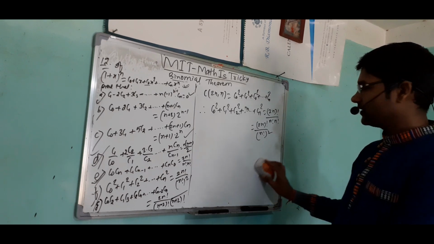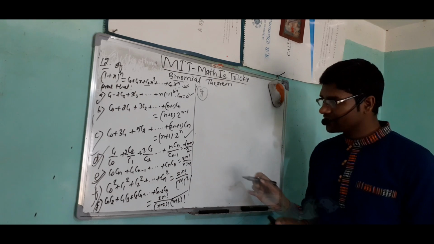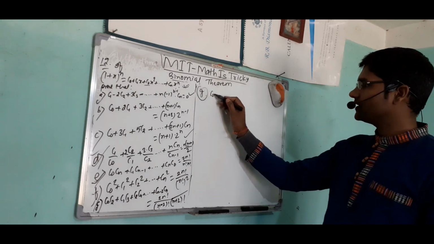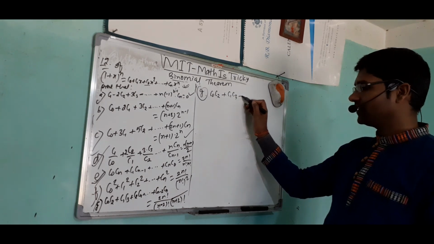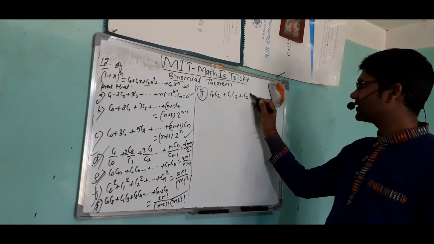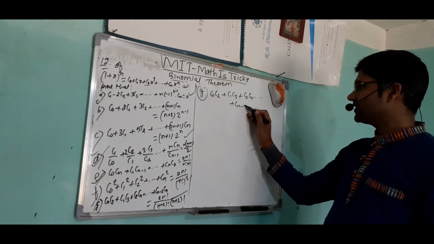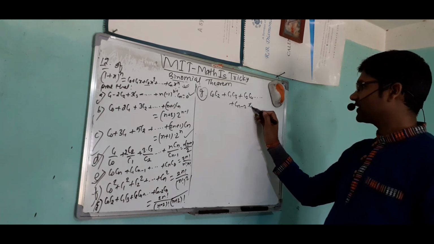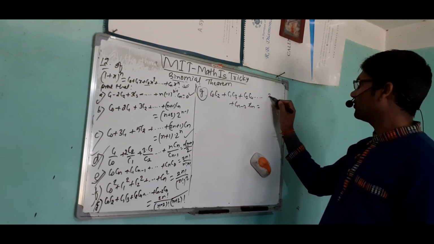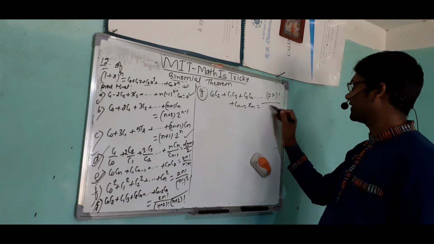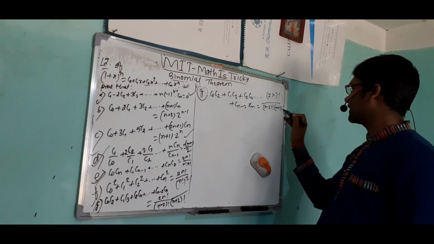Now the last question, let me solve it for you and explain it. Question number G. We have to prove that C0 C2 plus C1 C3 plus C2 C4 plus dot dot dot plus Cn minus 2 Cn equals 2n factorial by n minus 2 factorial n plus 2 factorial.